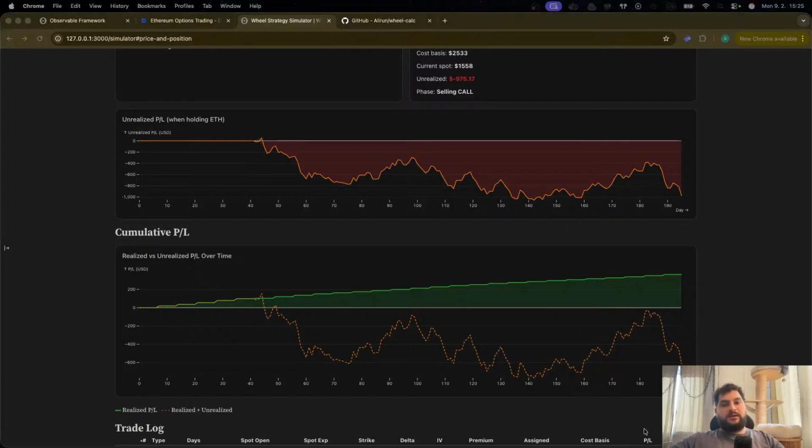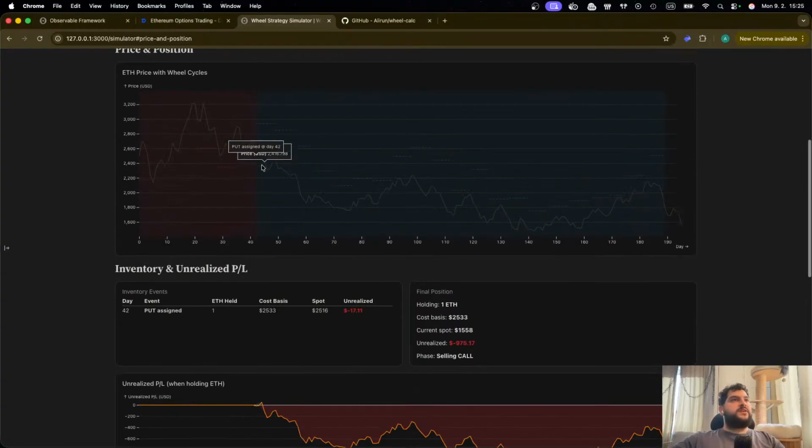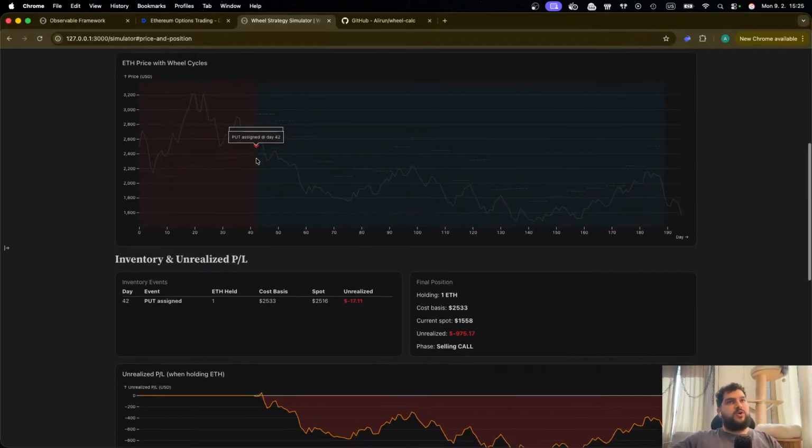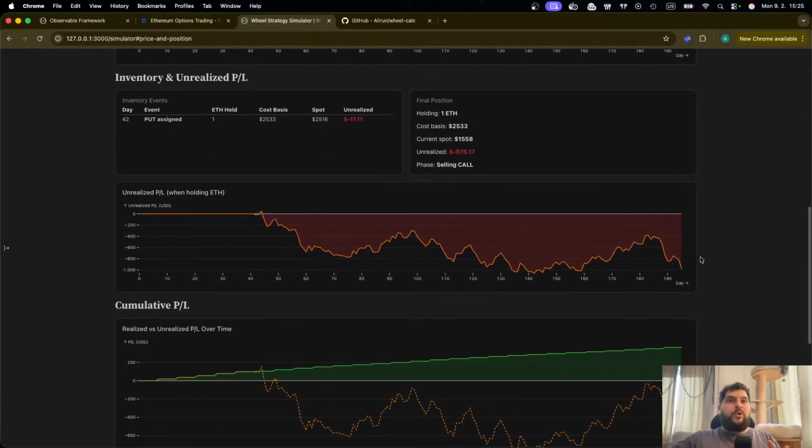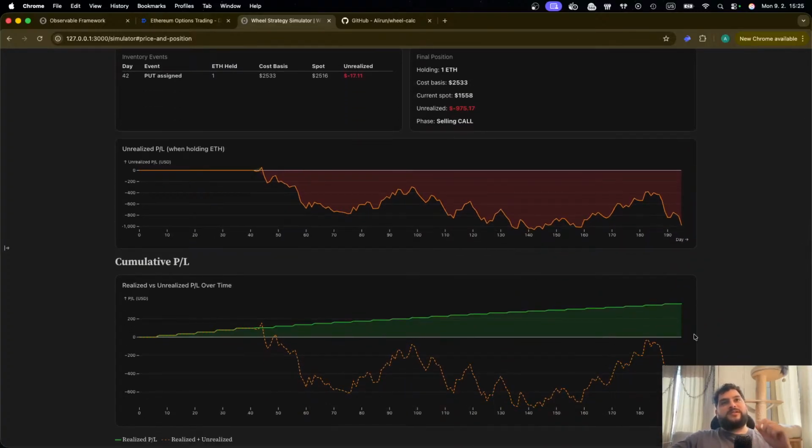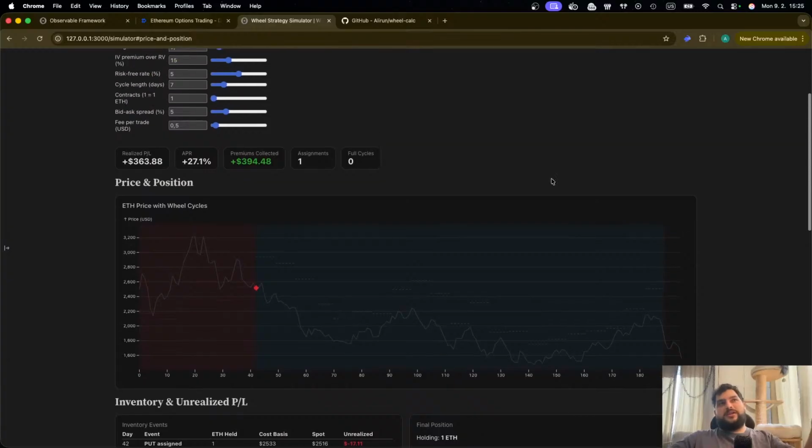You can see here we purchased Ethereum once and we were holding it even though it went down, but it's okay, we wanted to hold it, right? So we don't care about this unrealized loss, because we just hold until it goes up.